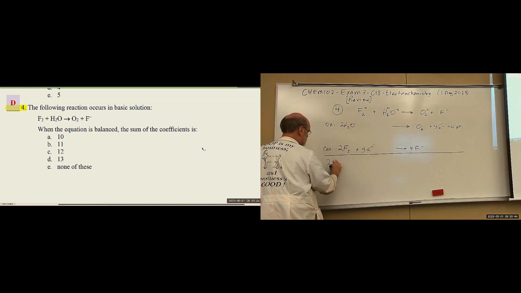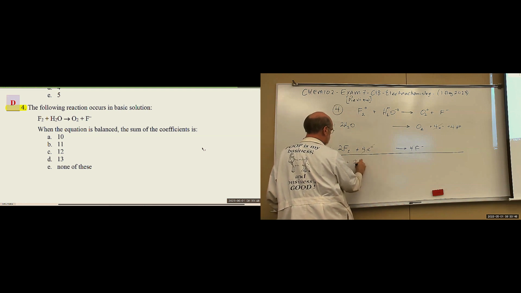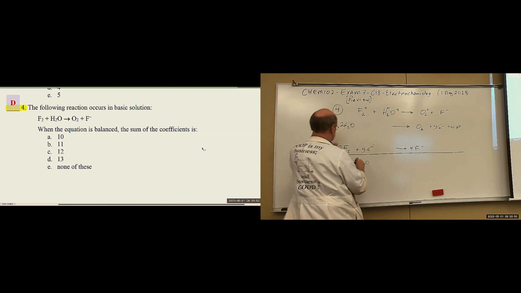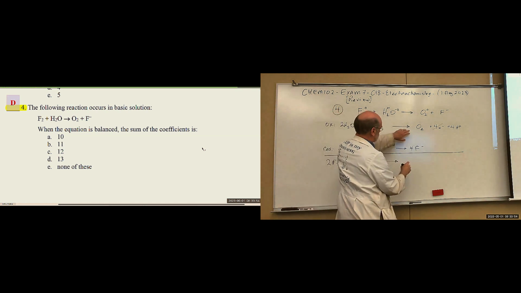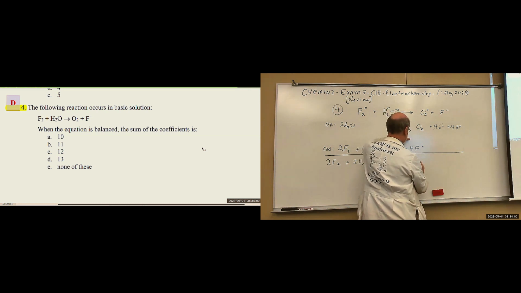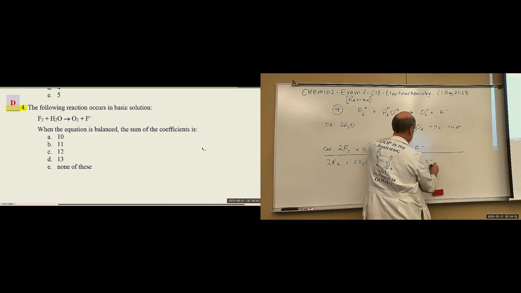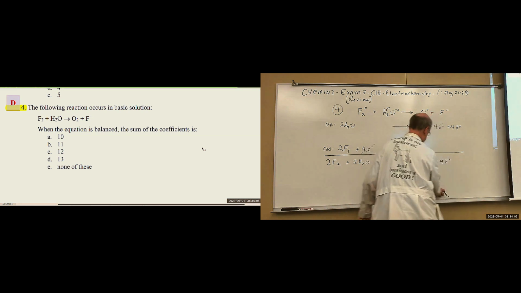2 F2s plus 2 H2O on this side. And on this side, we have oxygen first here, plus 4 F minus, plus 4 hydrogens.